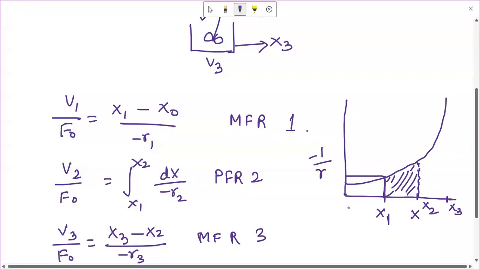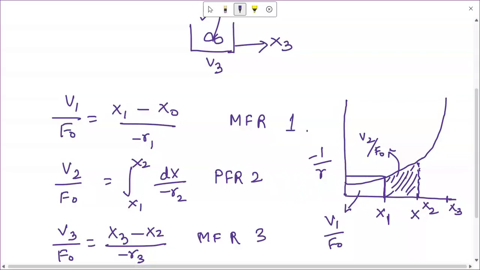From the first rectangle, you will get the V1 by F naught quantity. From the second area under the curve, you will get the V2 by F naught quantity. These are all concepts from the design equations of the two types of reactors, plug flow reactors and mixed flow reactors. And for X3 conversion, you have to again draw a rectangle, but that starts from point X2.